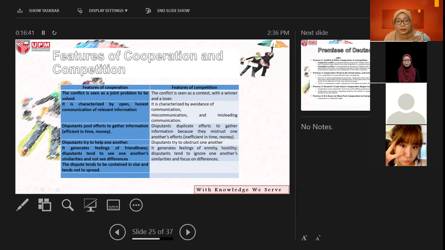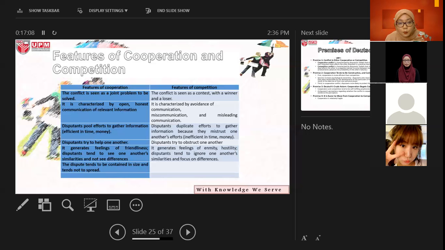Okay, and then it is characterized by open, honest communication of relevant information. Meaning that during the negotiation or mediation, both parties will share the information. Okay, and they do not intentionally hide the information. They share whatever they know so that the conflict can be resolved to meet both objectives, at least at the minimal level.